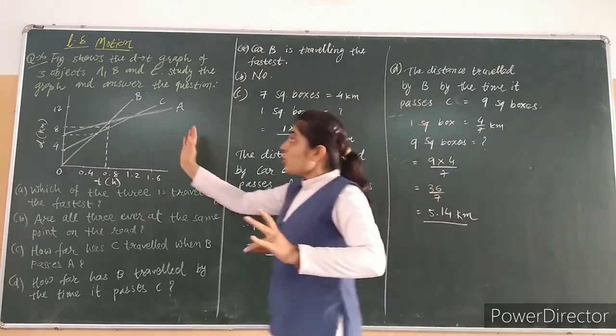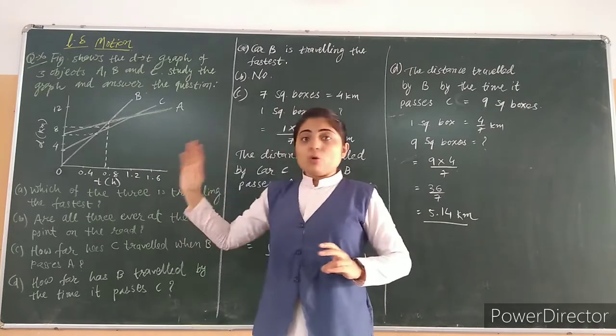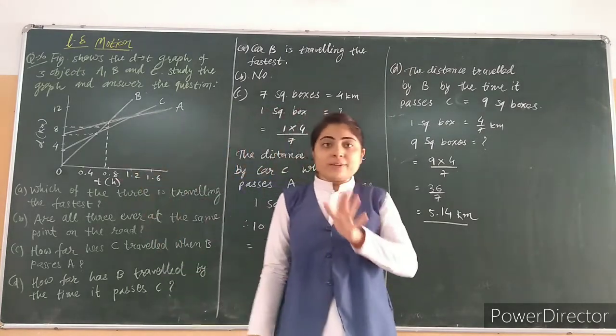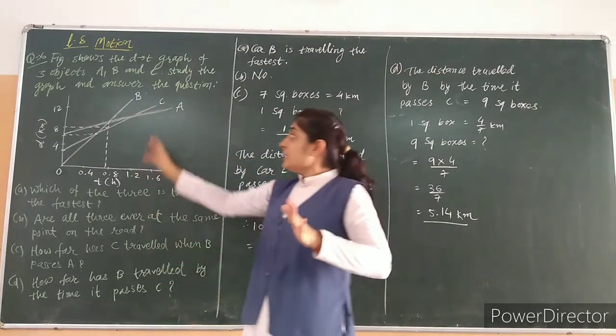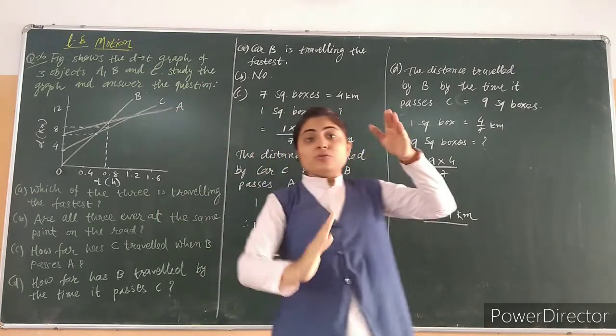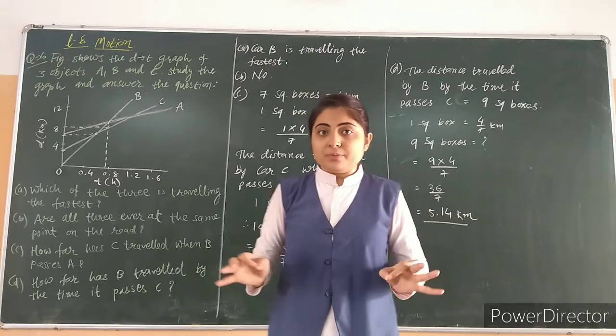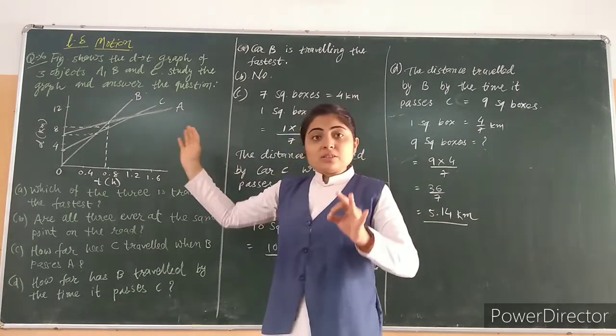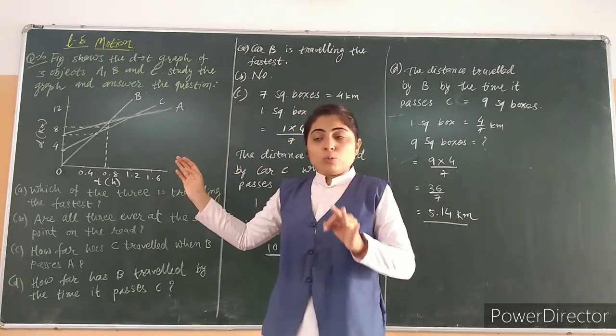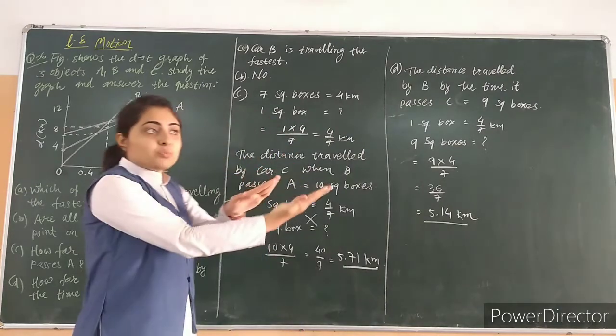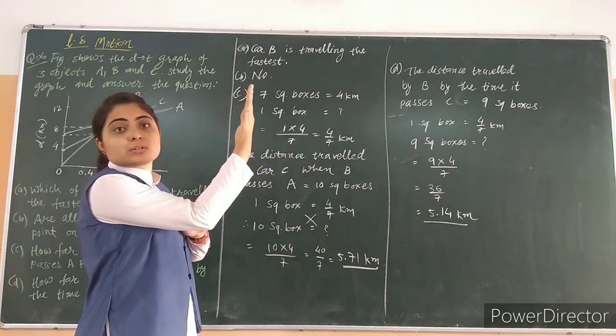Okay, all the objects are on slanting lines, so all have a slope, right? But the object which has the highest slope will have the highest speed. So which line has the highest slope? Highest slope means the object having a steep slope.